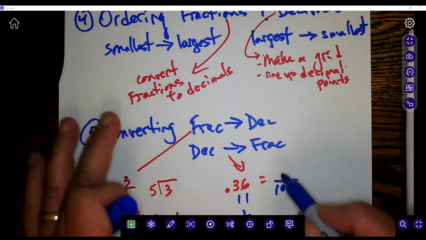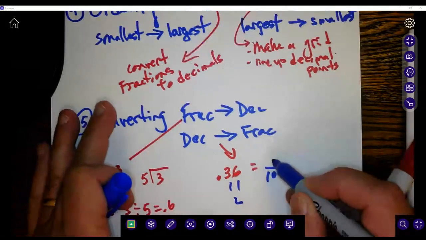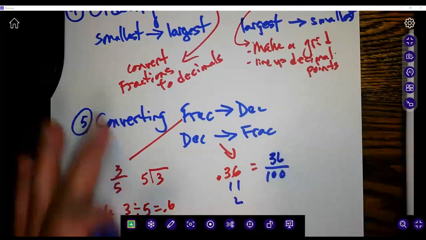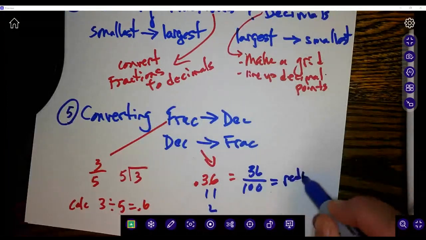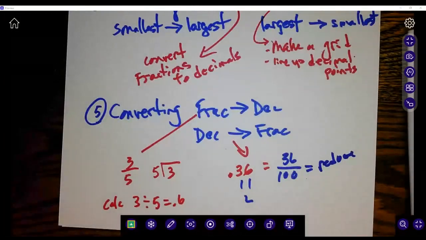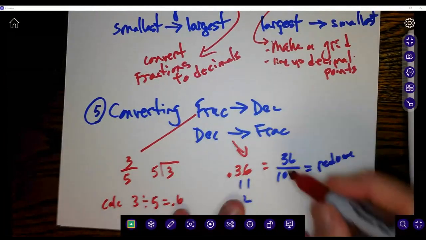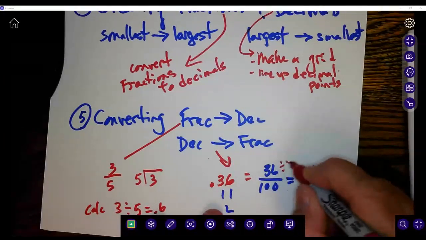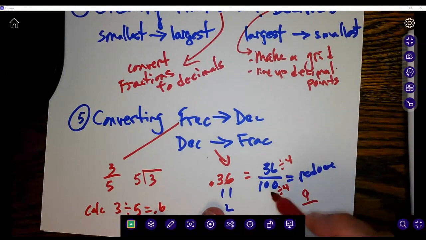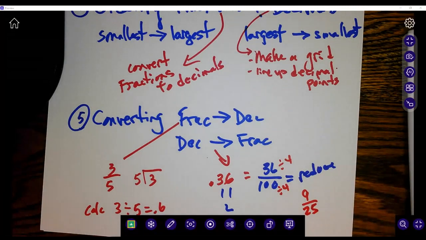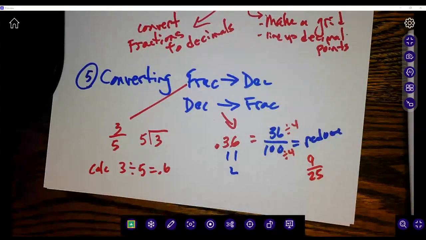So we're putting the number over 100, and then we just write the number that's after the decimal place, and then we reduce if we need to reduce. In this case, we would need to divide the top and bottom by 4. 4 goes into 36, 9, 4 goes into 100, 25 times. Okay.